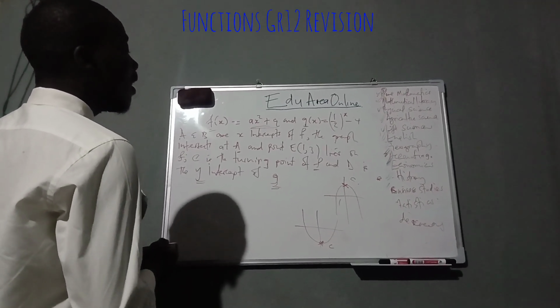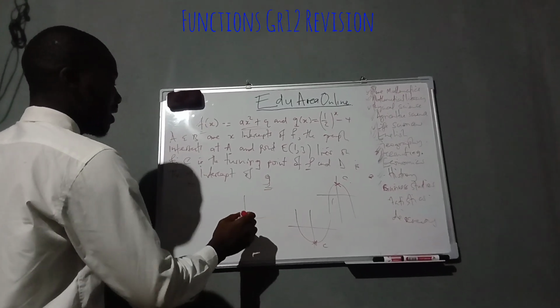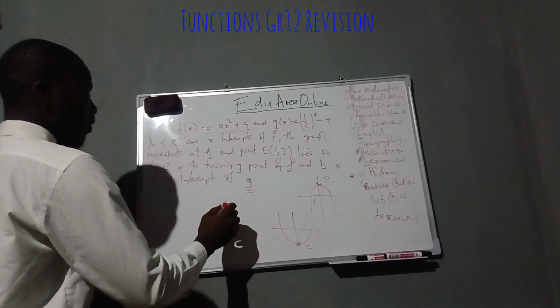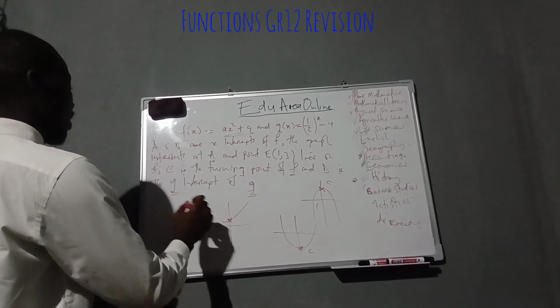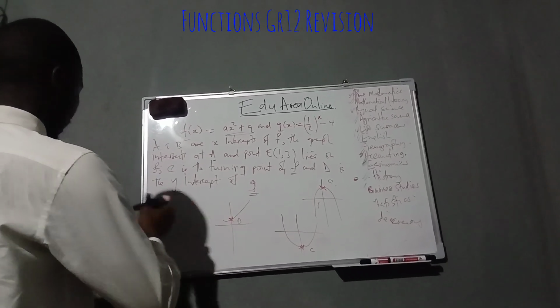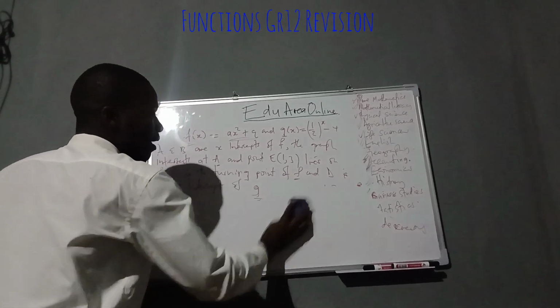And g is an exponential function, so if our exponential function is like this, this is the point we are calling D. So let me draw the graph that is drawn in the question.